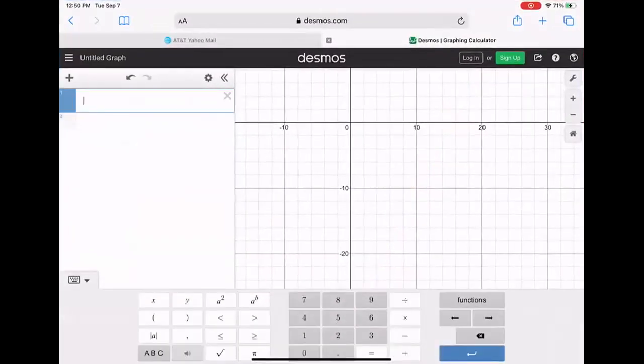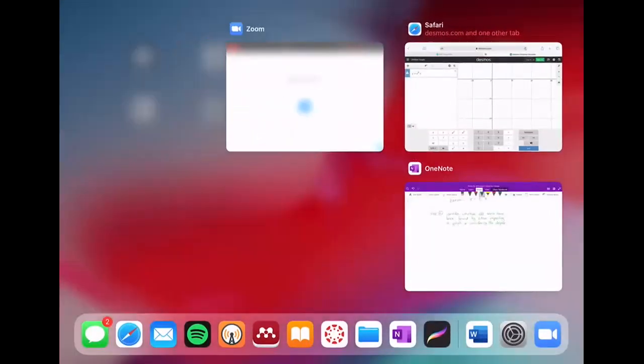My original equation was y equals, or f of x equals, x to the power of 3 minus 8x squared plus 16x. Let's just double check and make sure I get it right here.